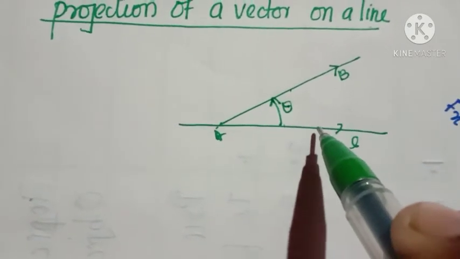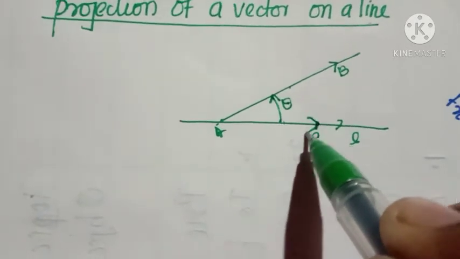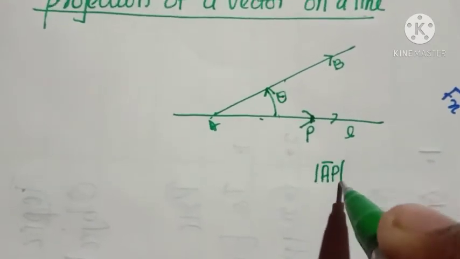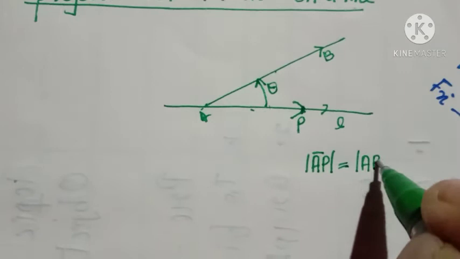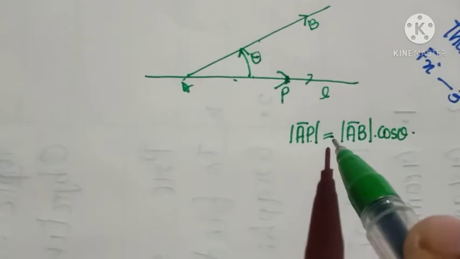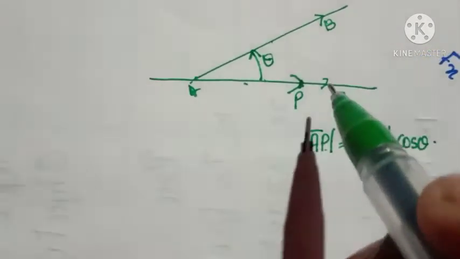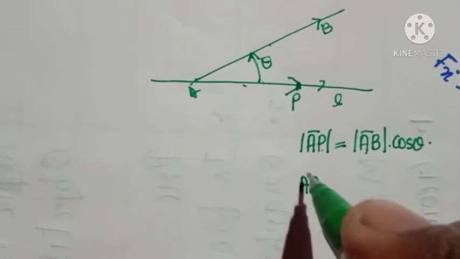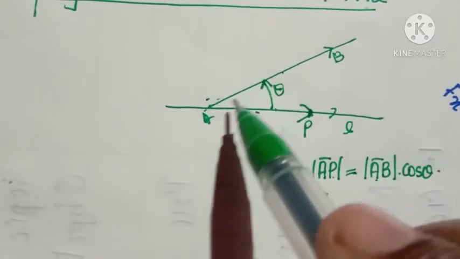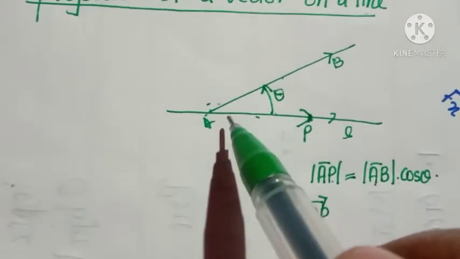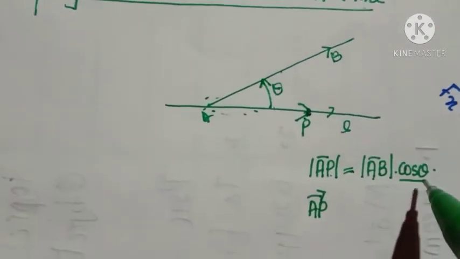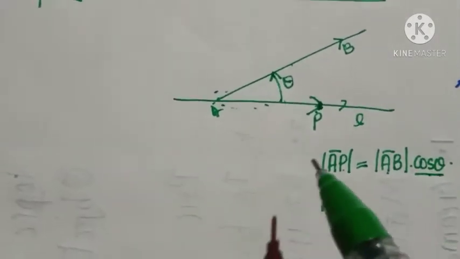If we consider a point P and take the vector AP such that the magnitude of vector AP is the same as the magnitude of vector AB times cos theta, then vector AP is called the projection vector of vector AB. So the condition is that the magnitude of the projection vector is cos theta times the magnitude of the original vector.